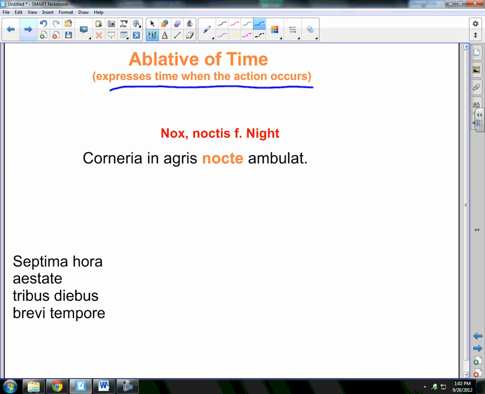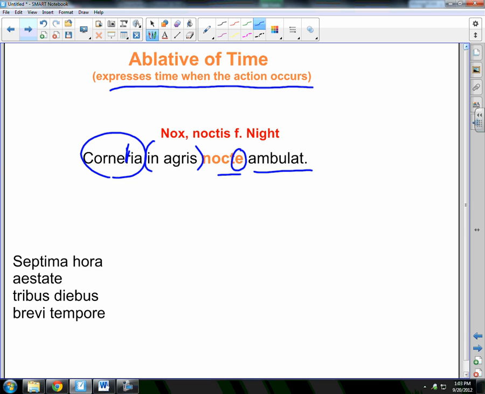So if we look at the sentence that we have on the board, that should say Cornelia, not Cornelia. We have our subject Cornelia. She's walking in the fields, and then we have nocte here.